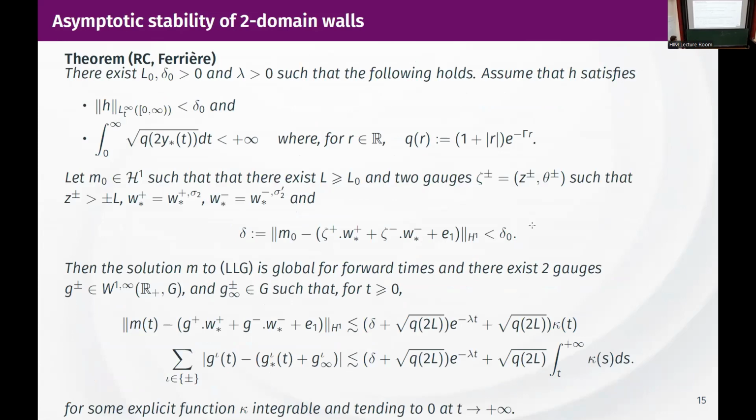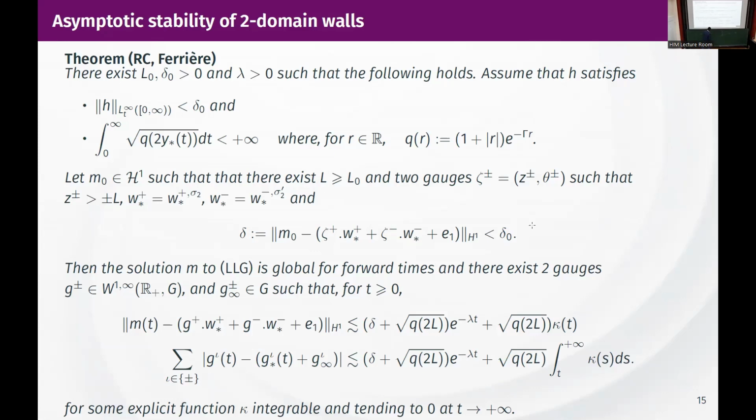Okay, so one point of doing this like this is that all these arguments are amenable to localization in space, because there's no spectral theory, so you can do trade-offs. And one application of this is the asymptotic stability of two domain walls. So you take two domain walls that are well separated. If I draw the M1 component, it's this kind of configuration.